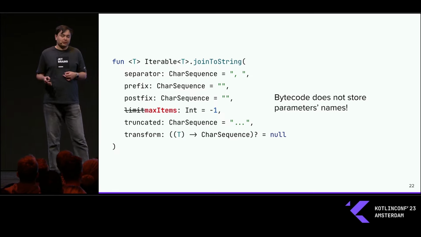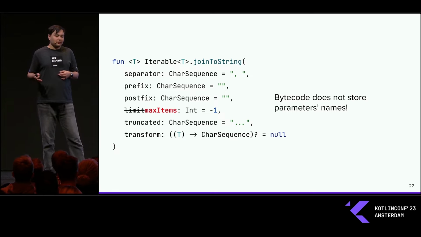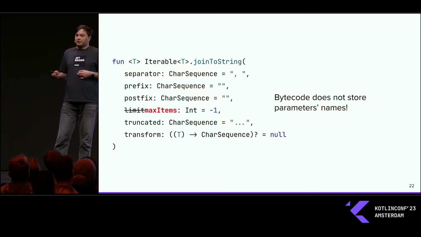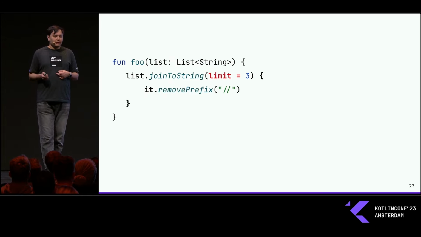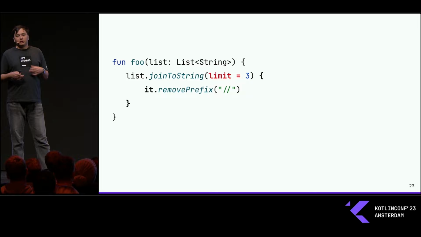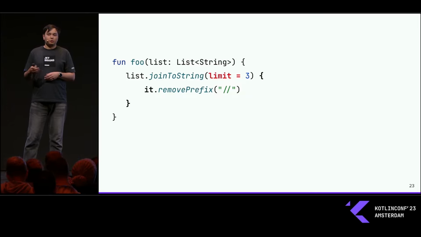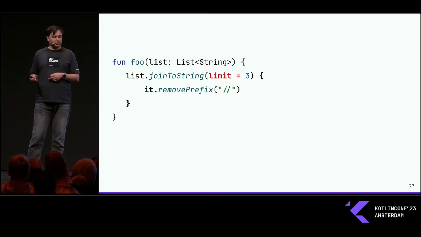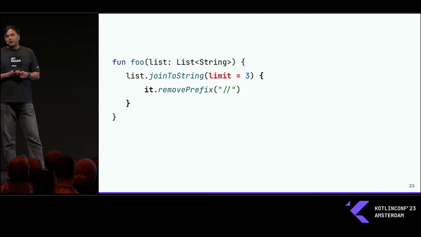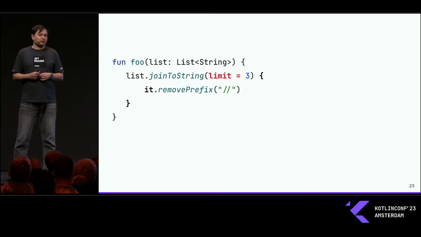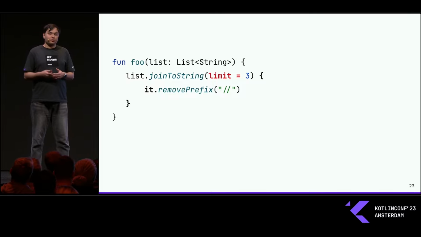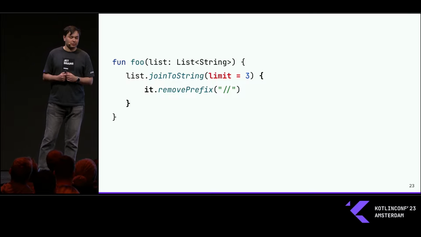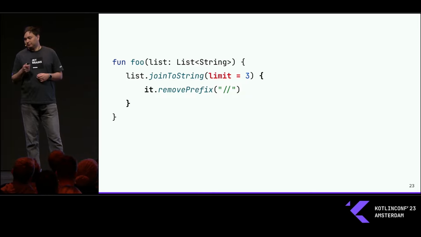And because we know that bytecode doesn't store parameter names, we may think that this is a binary compatible change. And indeed it is. But when we call this declaration using the named parameter syntax, like in this example, if someone used the limit parameter explicitly, this code can no longer be compiled. So we broke source compatibility, but saved the binary one.